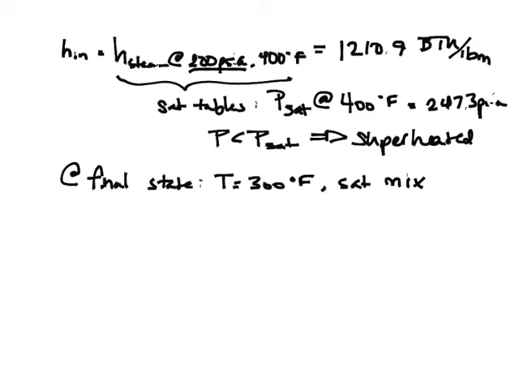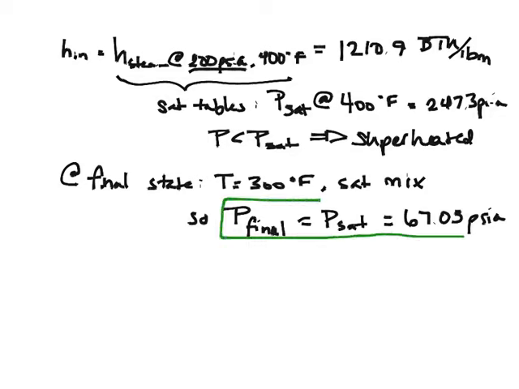But what I realize is that I already know the answer to part A of my problem. Okay, so I'm just going to block that because, again, as we go through and we're finding these properties, we realize, oh, we're at a saturated mix at 300 Fahrenheit. That means we're at the saturation pressure.